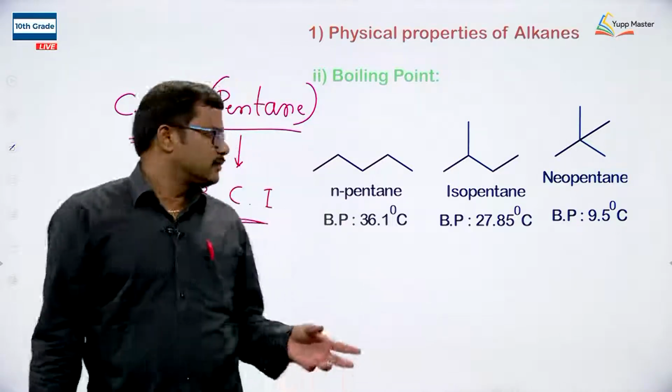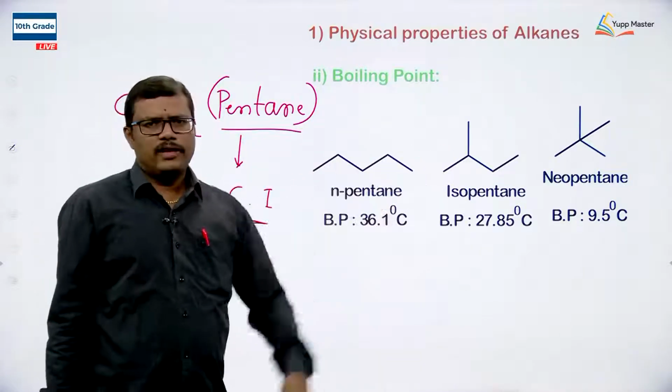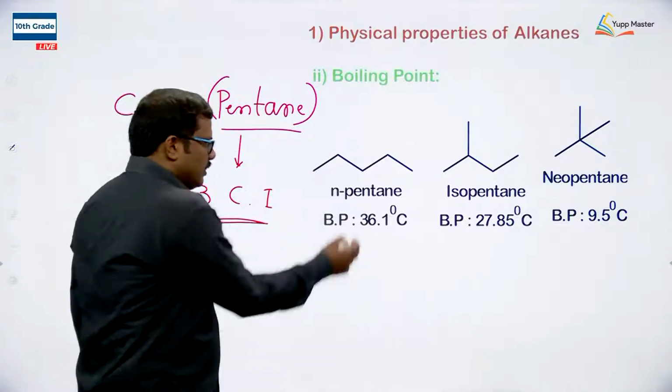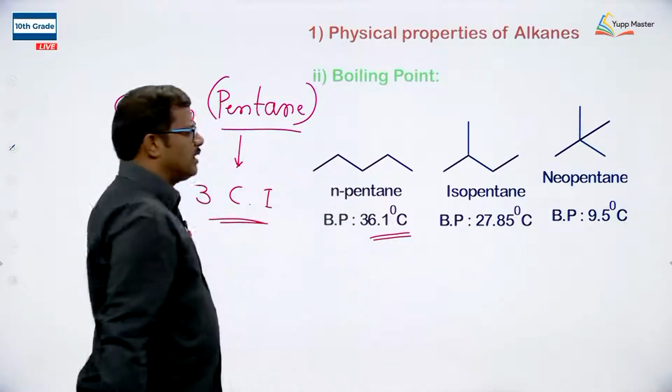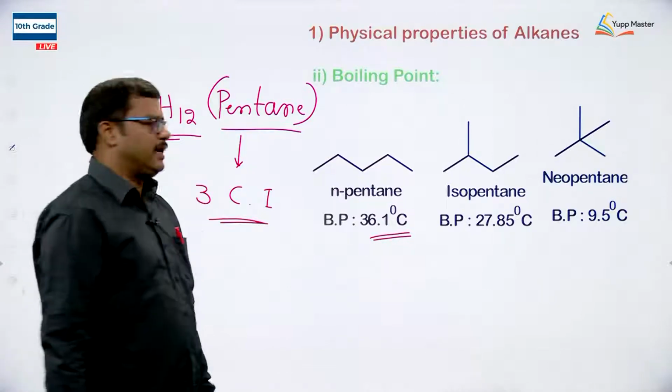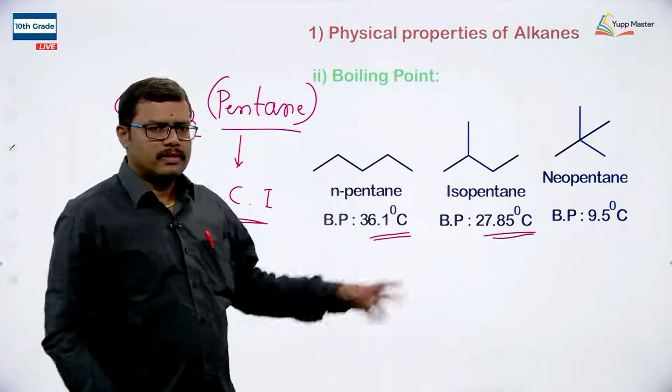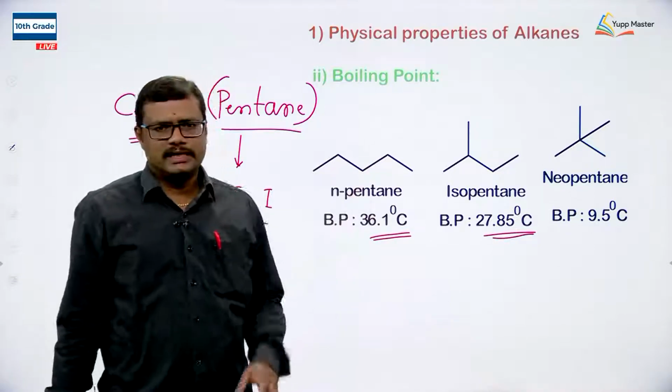So in these cases we can observe three different chain isomers, and when you compare the boiling points, you can clearly see the boiling point of pentane is 36.1 degrees centigrade, whereas the boiling point of isopentane is 27.8 degrees centigrade.